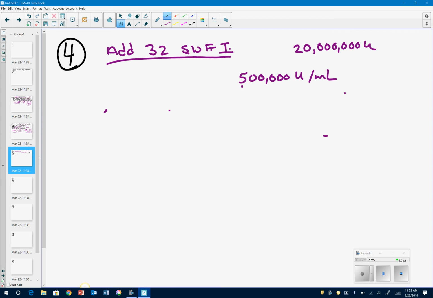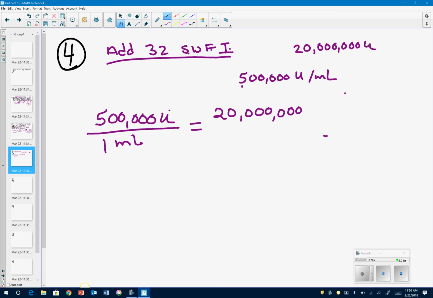We're going to take our 500,000 is what we have in stock per 1 milliliter. You want to take it out, 20 million units. So the vial contains 20 million units.